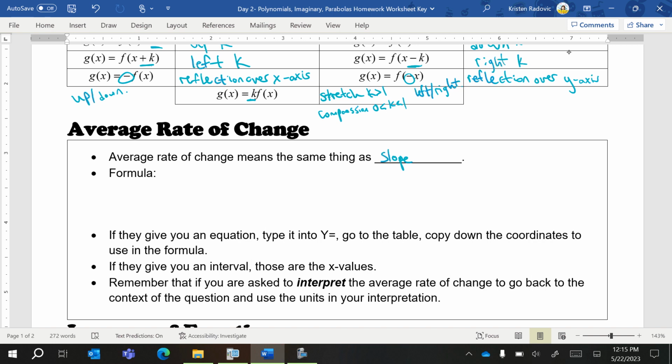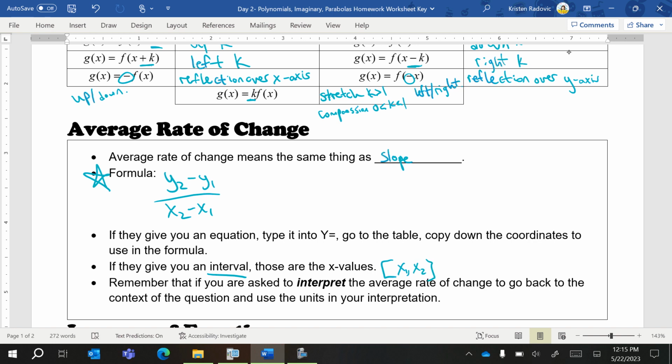Anytime it says average rate of change, you are going to use y2 minus y1 over x2 minus x1. And that formula is important to know tomorrow. Now, when they tell you to find the average rate of change, they will always give you an interval. Usually they will say it like this, like from x1 to x2.